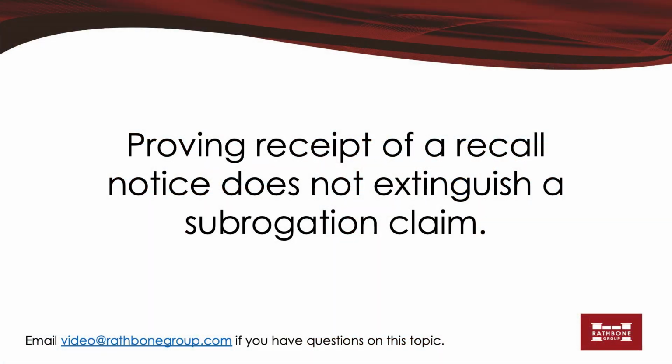However, the confirmed receipt of a recall notice does not actually extinguish your subrogation claim. A lot of times the insured may ignore the notice or they may never receive the notice. That doesn't necessarily make the insured negligent for whatever damages result from the use of this product.